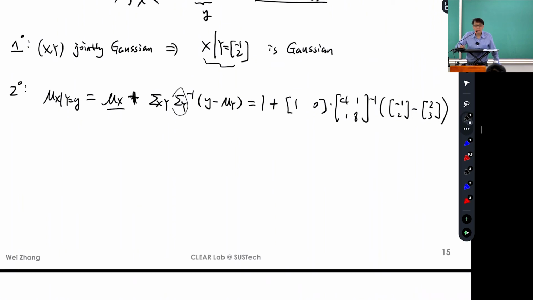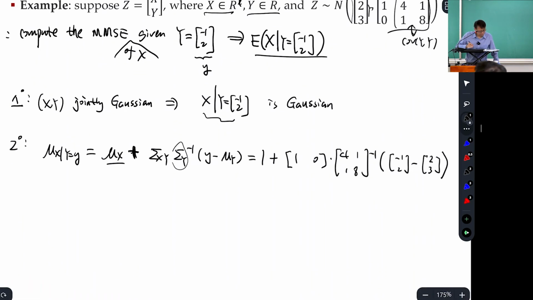Are you with me? So it's 1 plus some number, my favorite word. You can compute it; it doesn't add any value if I calculate this for you. You can compute the inverse. That number is the conditional mean, which is also the minimum mean squared estimate of x given y.